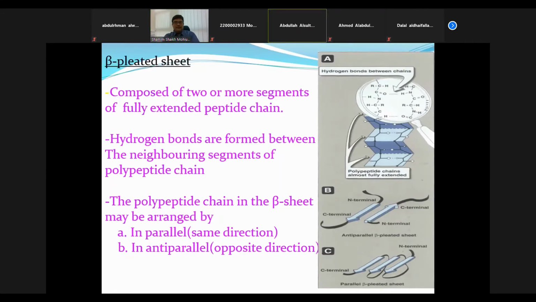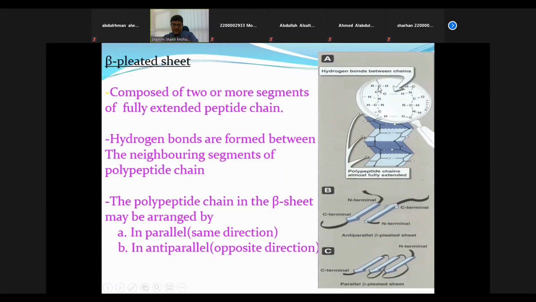Now come to the beta pleated sheet. The beta pleated sheet is composed of two or more segments of fully extended peptide chain. Try to understand this. Suppose this is one peptide chain. What is a peptide chain? It is nothing but a primary structure.